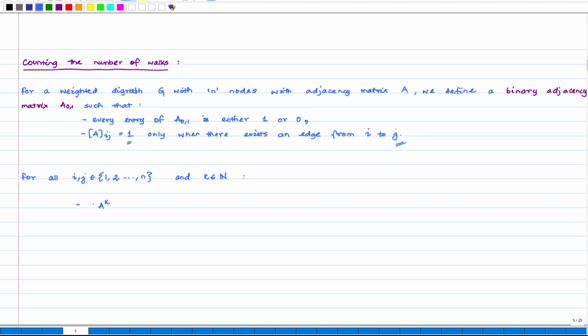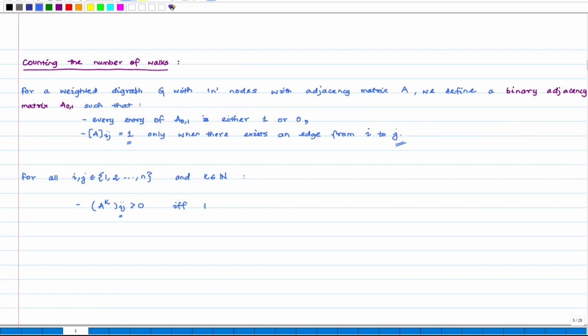We can now say that A raised to the power k, and the ijth entry of it, if it is greater than 0, we can definitely say that there exists a walk of length k from i to j.